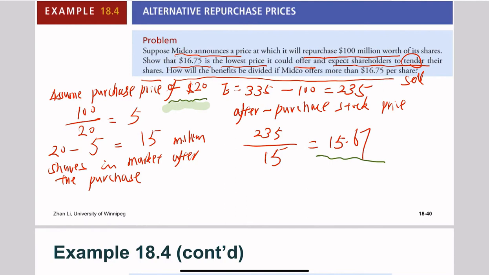So in this case, potentially, the firm can offer a lottery system, right? So there could be some random draw among its shareholders. So if you're lucky, then you could sell at a price of 20, and if you're unlucky, you cannot sell, then you would have to suffer from this loss. So you will have to get the after purchase price of $15.67.